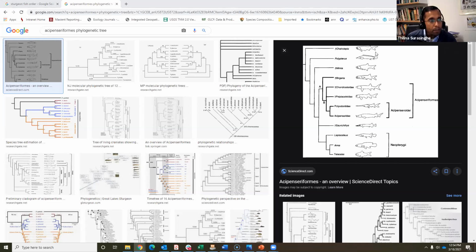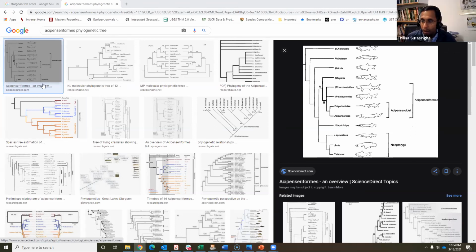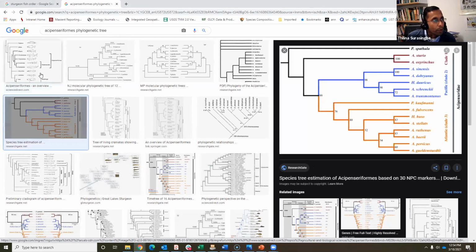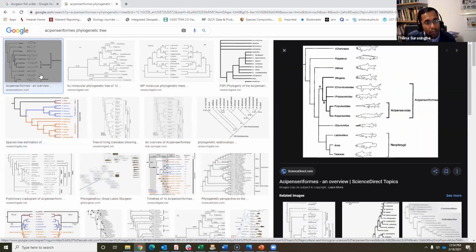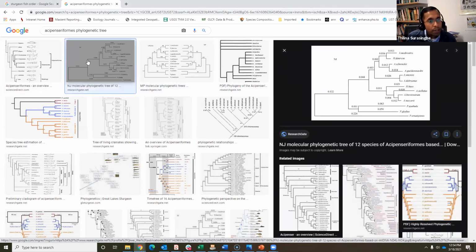Yep, got it. Acanthuridae, right? Oh, you posted it too. Actually, I just got it. And then what you have to do is look into these phylogenetic trees that we already have, and I'm struggling to see that particular family here immediately.